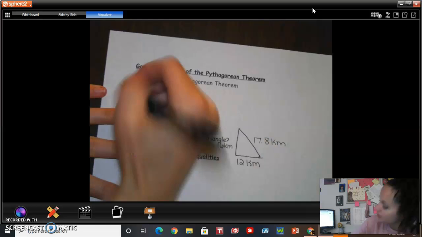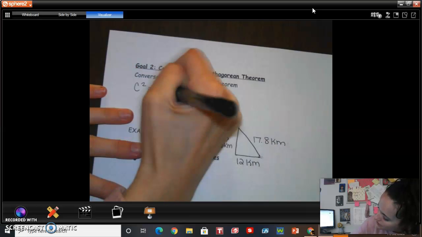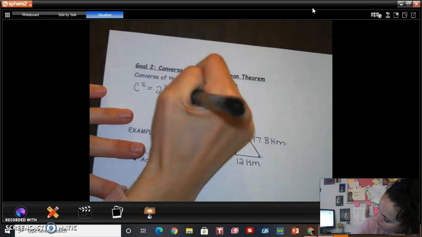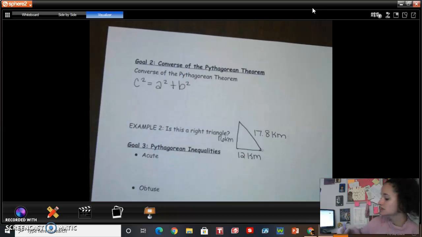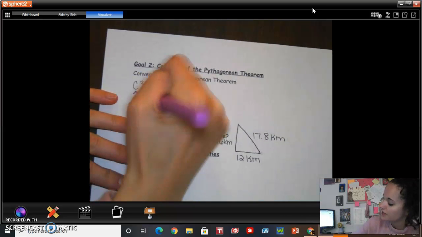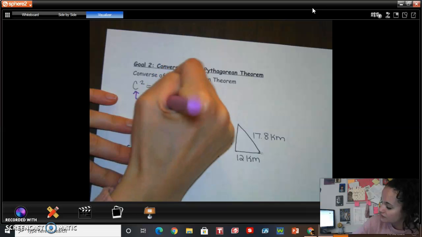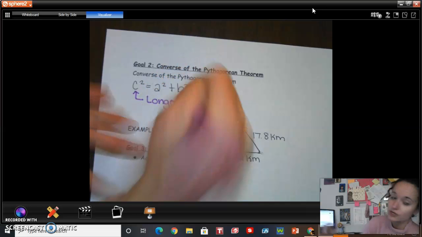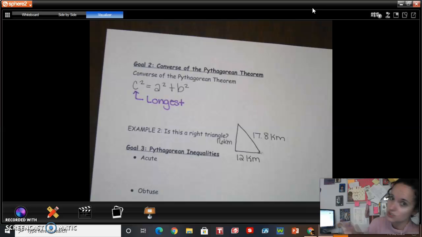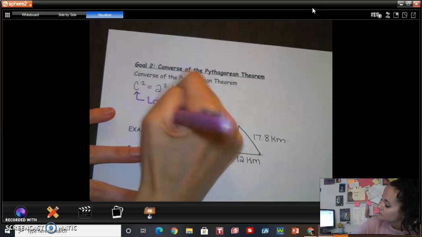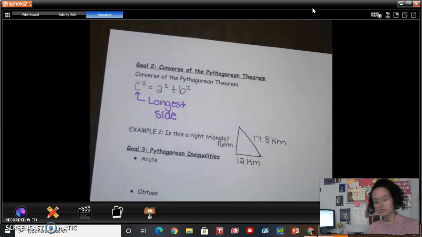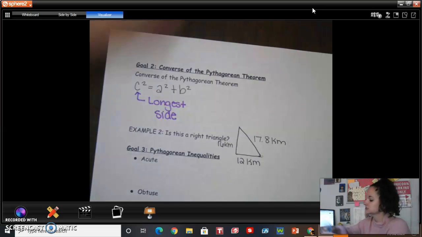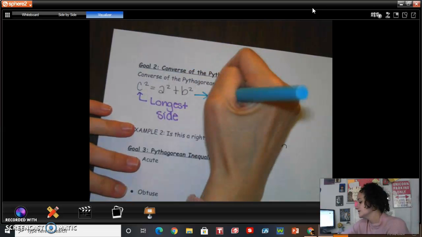So it's saying if c squared equals a squared plus b squared. Again, c this time is more or less known as the longest side, forever and for always. Even when we go to our inequalities, the longest side is always c. If this happens, then you have a right triangle.